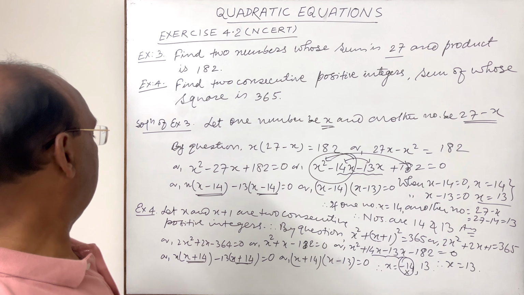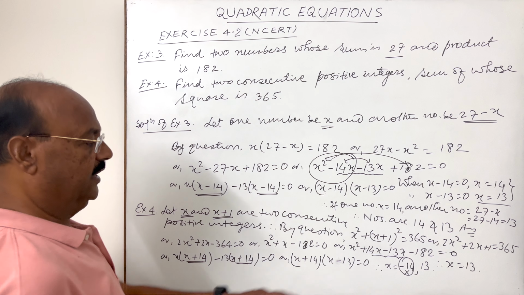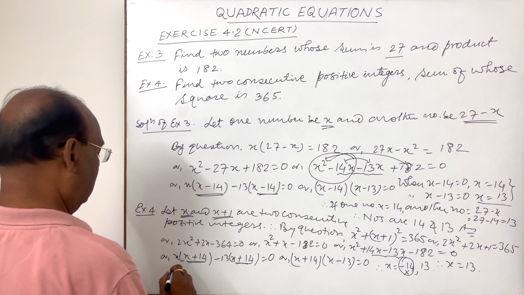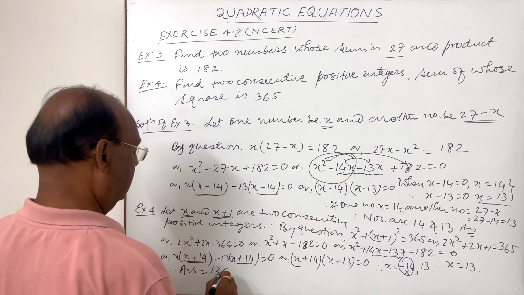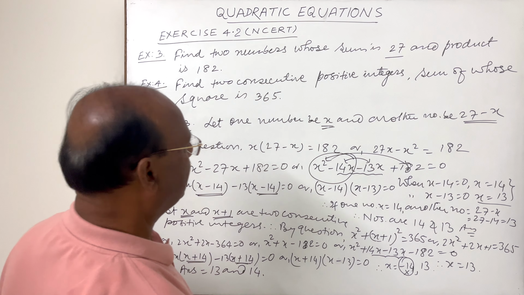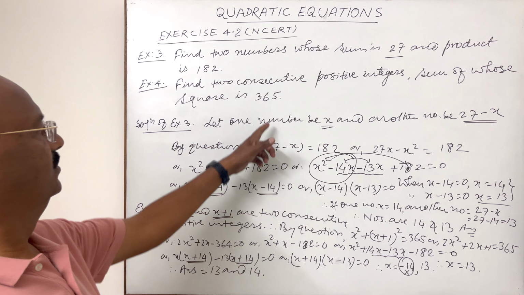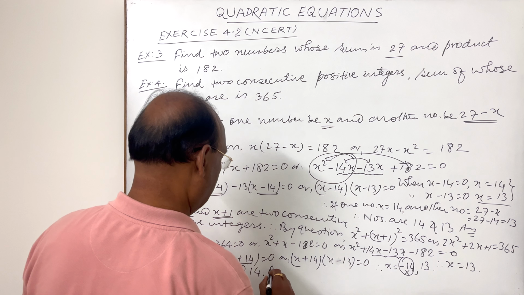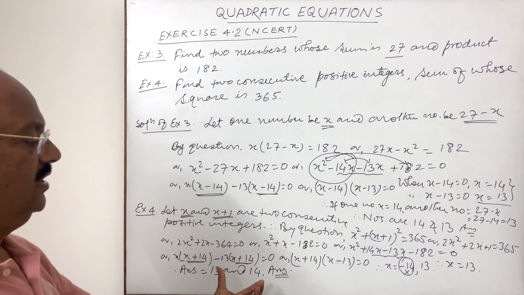These two numbers are x and x plus 1, so 13 and 13 plus 1, meaning 14. Therefore the answer is: the two positive integers are 13 and 14. And we can check here that the sum of the squares of these two numbers is 365. Correct? So these are the required consecutive positive integers. This is the answer.